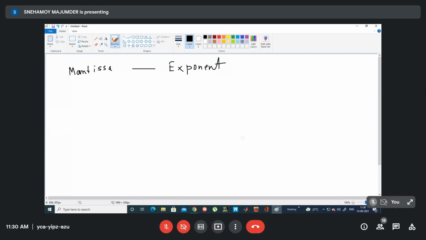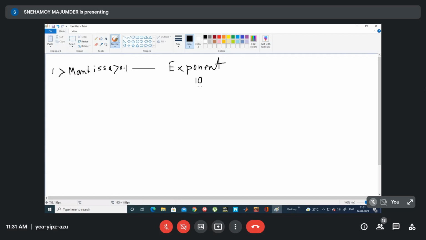The mantissa is obviously less than 1 and greater than or equal to 0.1, and the exponent is basically a power of 10.